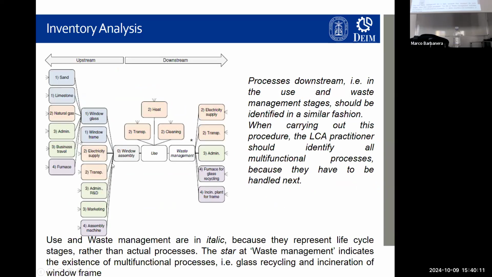Here you can see the level 1 processes in blue. First of all, we collect input and output data for the level 0 process, the window assembly in this example, and then we continue the collection of inventory data for the level 1 processes.